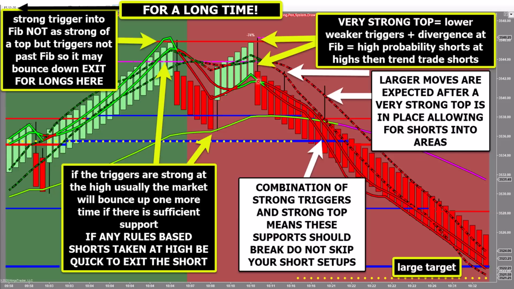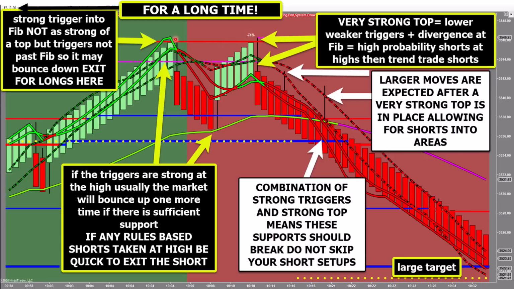Because we had a weak trigger line and we had divergence from a fib, now we have strong triggers. The mid band's probably going to break. So this no longer becomes a number 2 termination condition in your brain because of the great top.